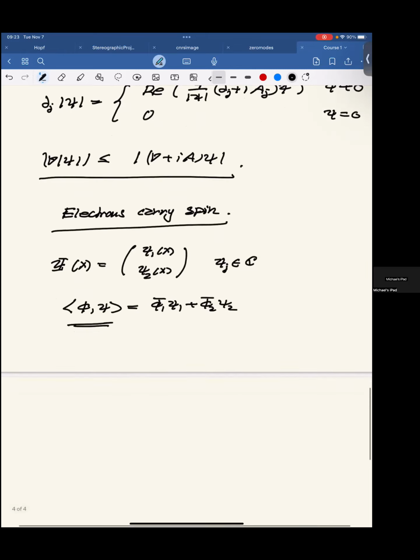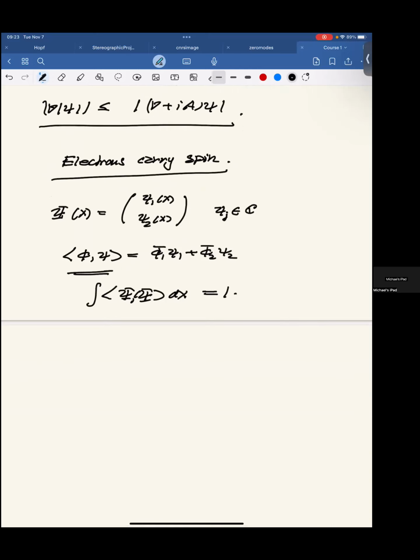And of course, a spinor should also be normalized in the sense that when it takes its inner product with itself, and you integrate it, that should be equal to 1. So in some sense, I have two kinds of electrons. The electrons with the spin up, which have only the upper components, the electrons with the spin down, which have the lower components, and the probabilities for having an electron in the upper component and the lower component is, of course, in total 1. Okay?